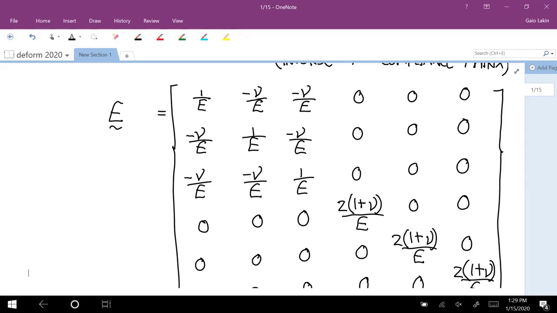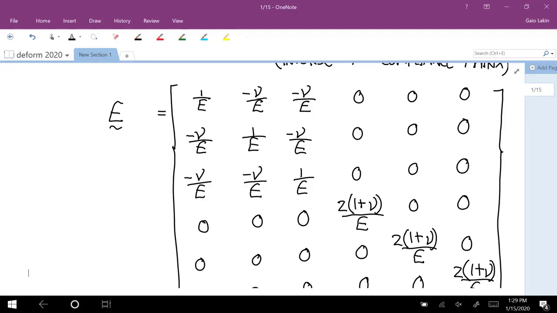And so in the worst possible case, you'd have to do 36 tests on a piece of steel to figure out how to fill in these 36 values. And it's not even super clear what those tests would be, to mathematically be able to multiply this to the strain to get the stress, right?